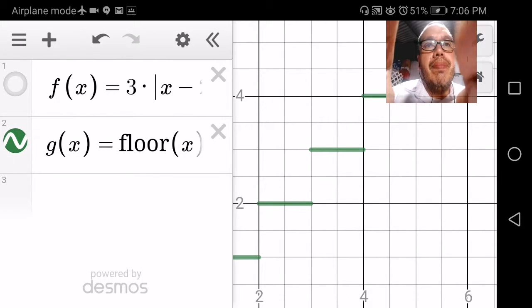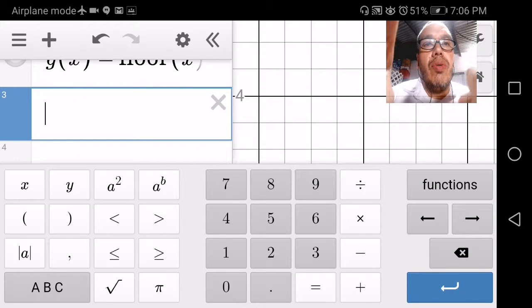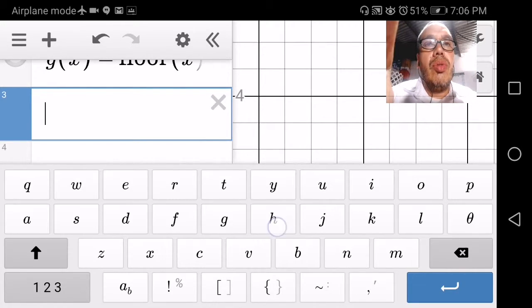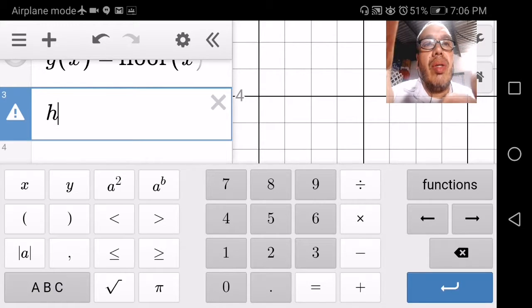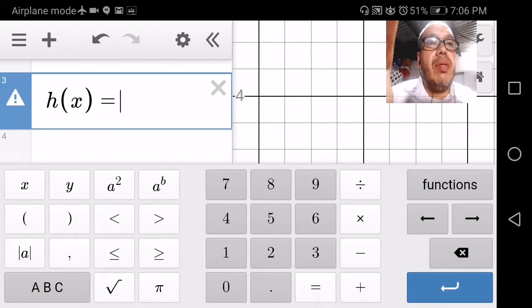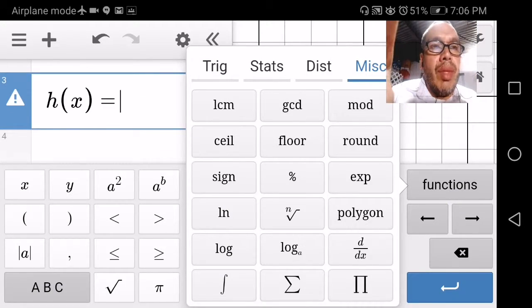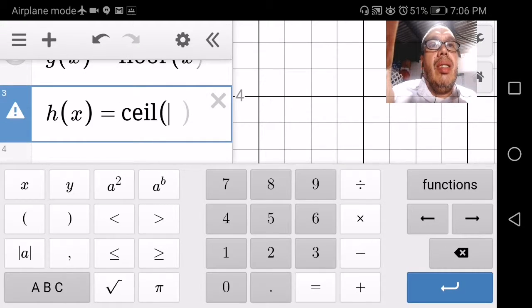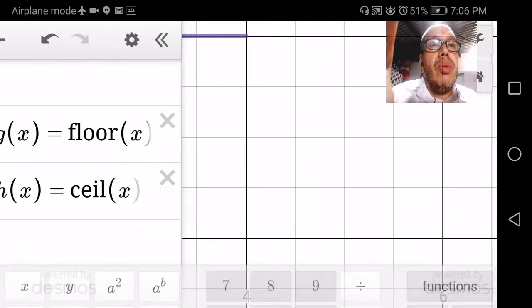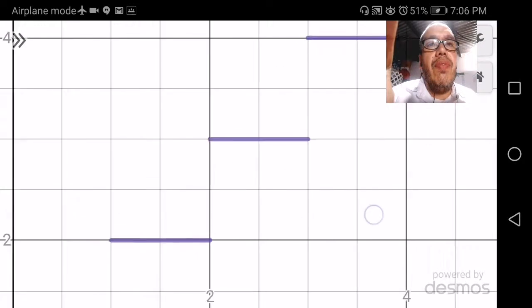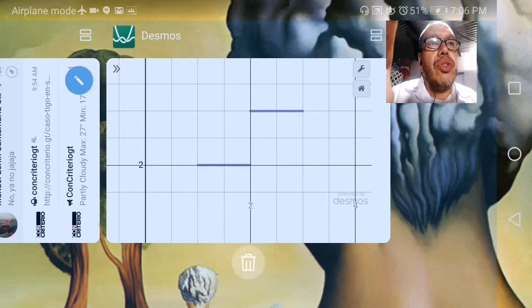Now, just like you have a floor function, you also have what we call a ceiling function. Let me see if we can find it over here. And there it is, the ceiling of x, and you might want to look at it and see that it looks very much like the floor function.